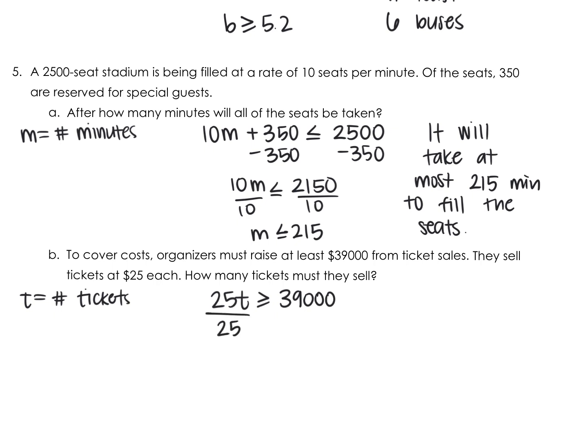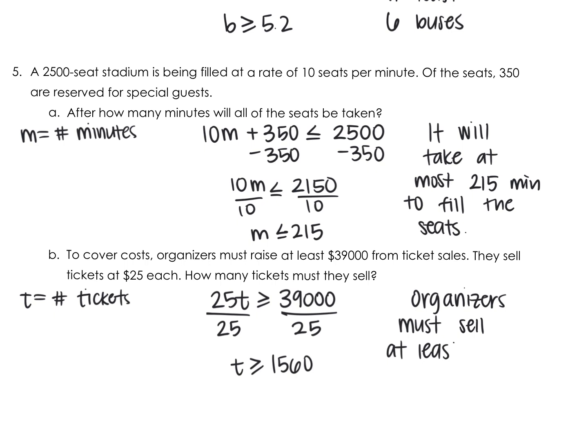So we'll divide both sides by 25, and T is greater than or equal to 1,560. So that tells us organizers must sell at least 1,560 tickets.